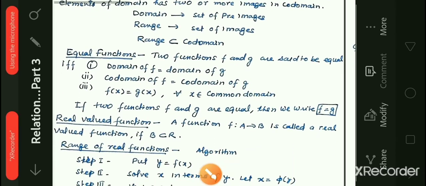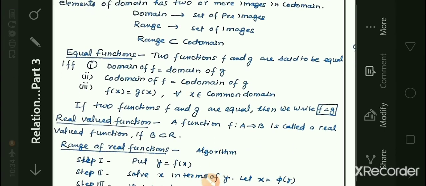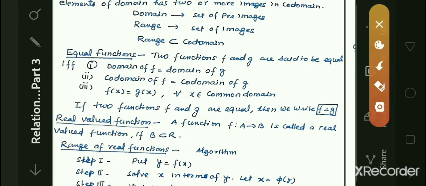Now there are certain important terms in this topic. Next is equal functions. How can we say that two functions are equal?